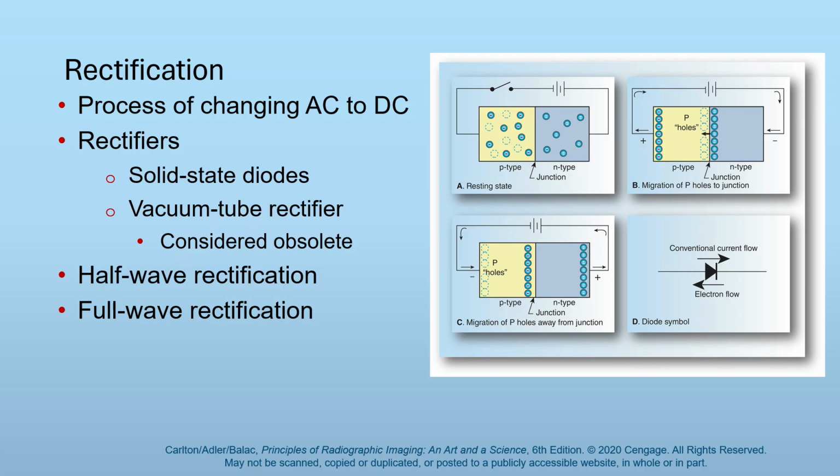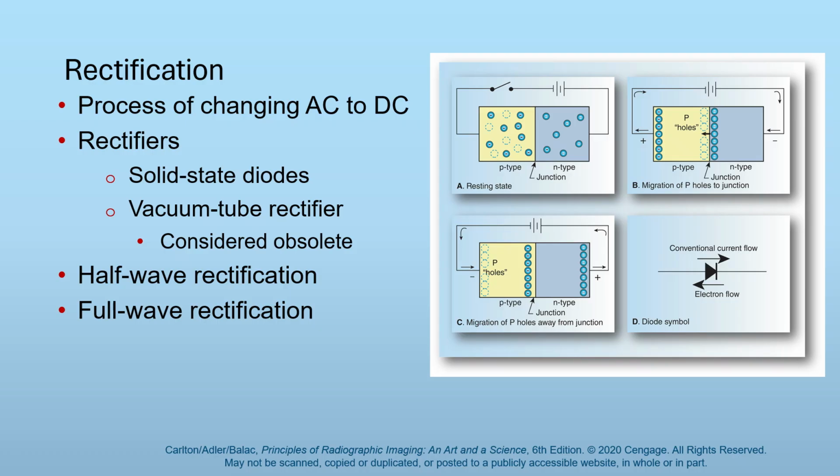Such that you would arrange the diodes so if the electrons weren't going to the cathode, they were trying to get to the anode, the diode would stop them. Okay? This was a vacuum tube rectifier, and we don't use vacuum tube rectifiers because those also burn up. But it's cheaper to replace vacuum tube rectifiers than it was to replace entire X-ray tubes.